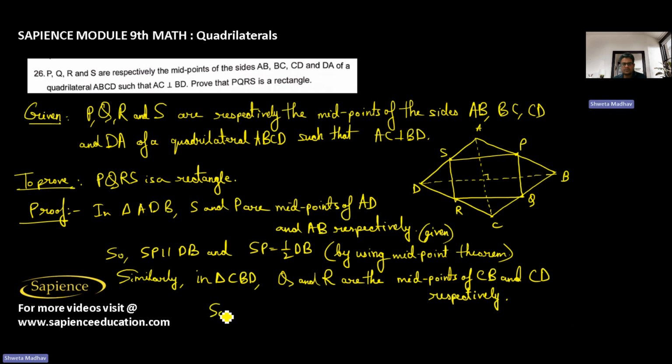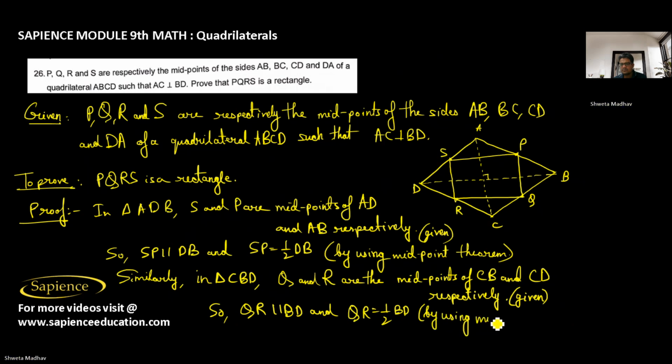So therefore I can say that QR is parallel to BD, and the reason is given. QR is parallel to BD and QR equals half of BD by using the midpoint theorem.